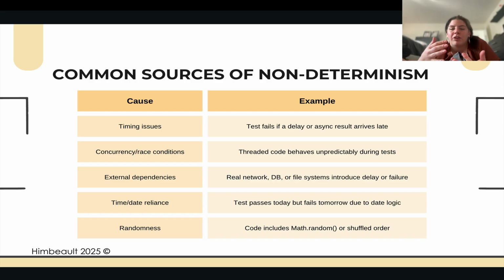So if we have threaded code, sometimes this can behave unpredictably, especially during tests if we haven't set up our synchronous time slots appropriately. There's this external dependency problem, as we previously talked about in the last video, where things like file systems and real networks and databases can introduce delays, which can then introduce failures. It also might mean that there's something going wrong on their end if it's an external dependency.